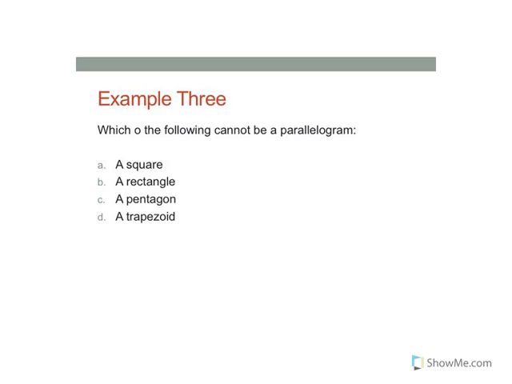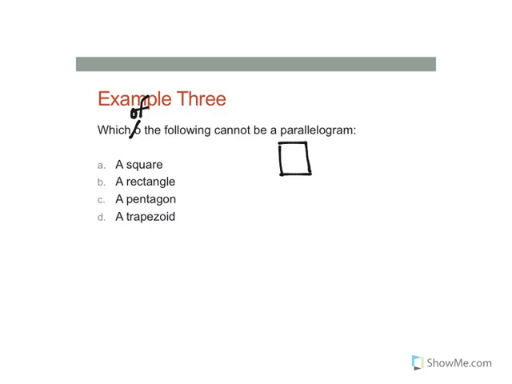All right, which of the following cannot be a parallelogram? So thinking back to our definitions, a parallelogram is 2 pairs of congruent sides and 2 pairs of parallel sides. So if we take a look at these, we're thinking a square.